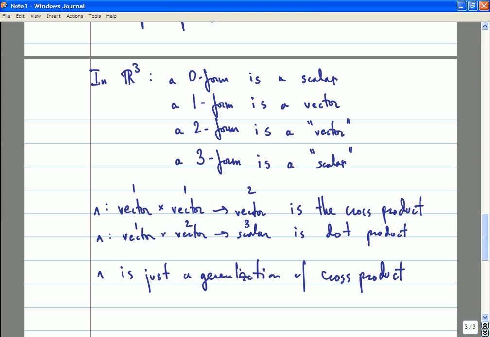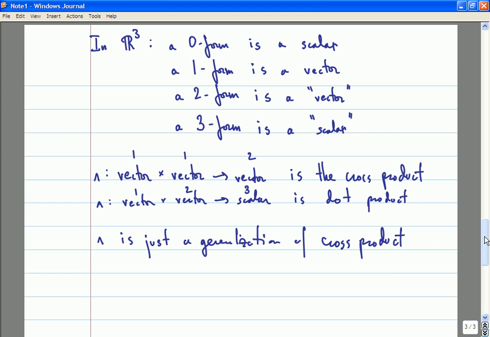Okay, what about the derivative operator? The derivative operator takes a 0-form to a 1-form. So that means there must be some sort of derivative operator which takes a scalar to a vector.